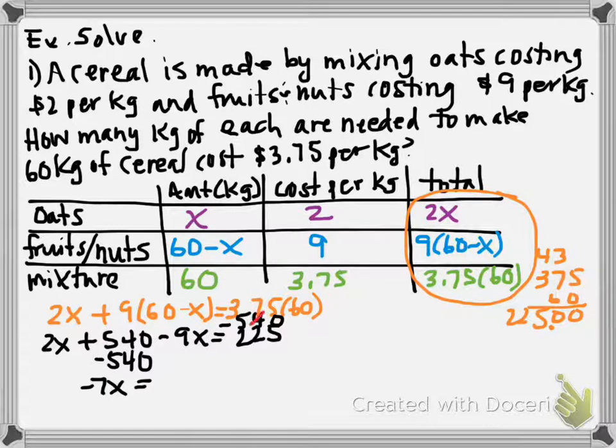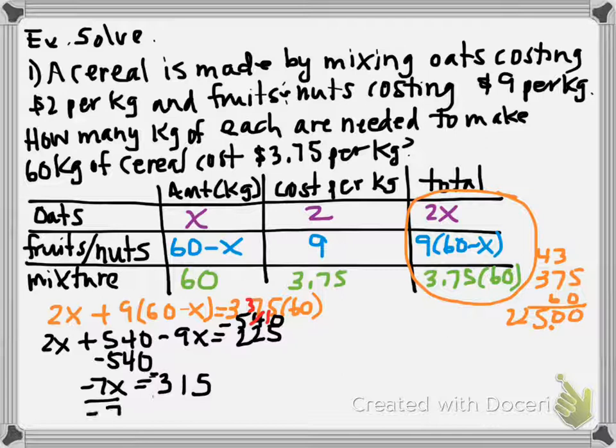So I'm going to take 1 away from here with a 3. That becomes a 10. So 10 take away 5 is 5. 3 take away 2 is 1. 3 take away 0 is 3. And that's negative because that 540 was negative.